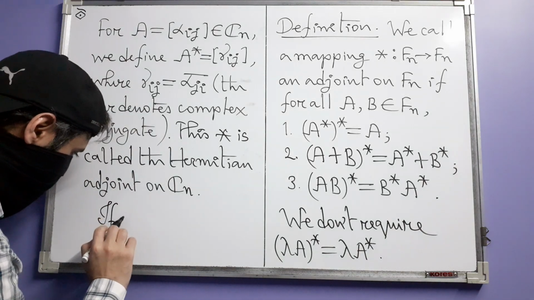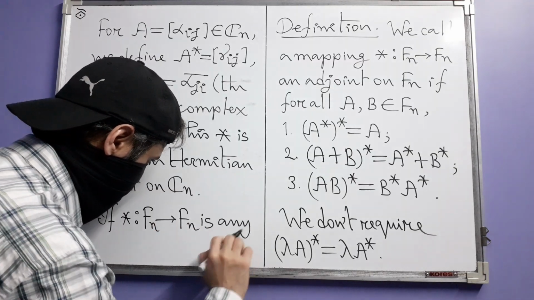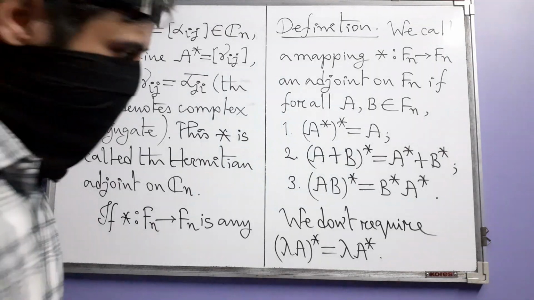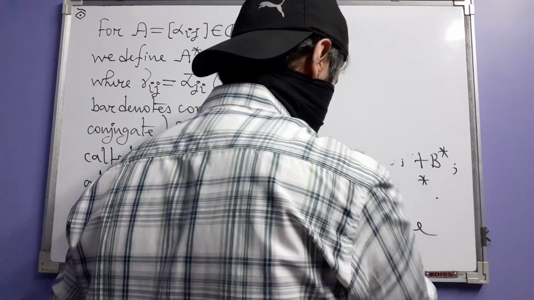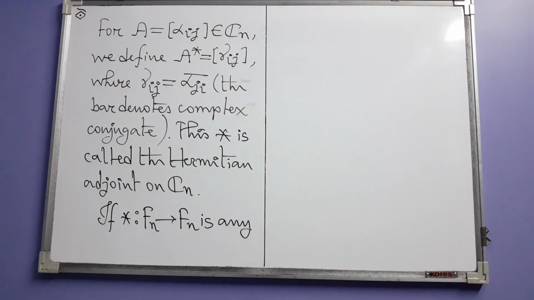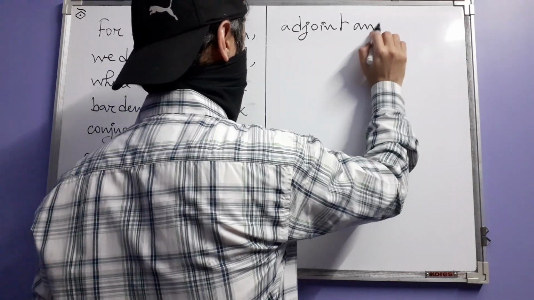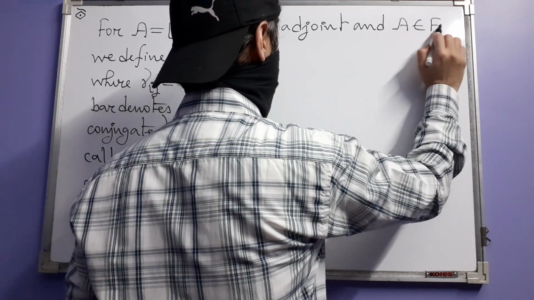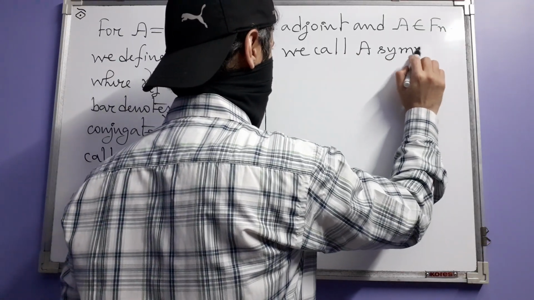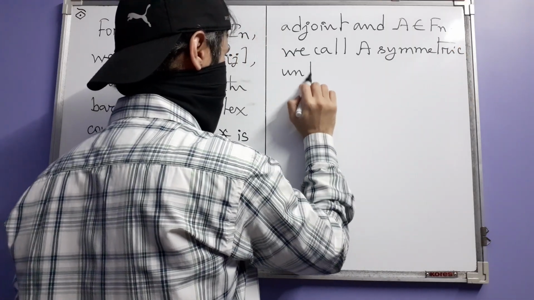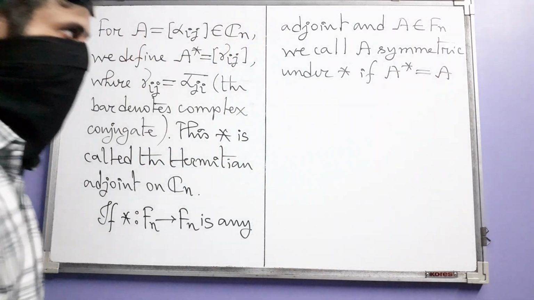If star is any adjoint and A is in Fn, we call A symmetric under star if A star equals A. Okay, it makes sense, exactly similar.